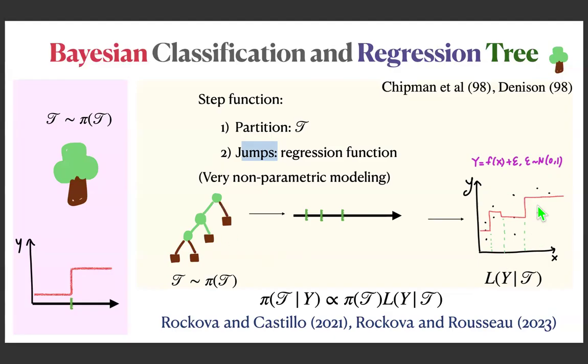Now we have a regression, and a tree with a prior, and we have a likelihood, so we can define a posterior. This posterior has been studied very well, and it has very nice properties like concentration, spatial adaptivity, and things like that.